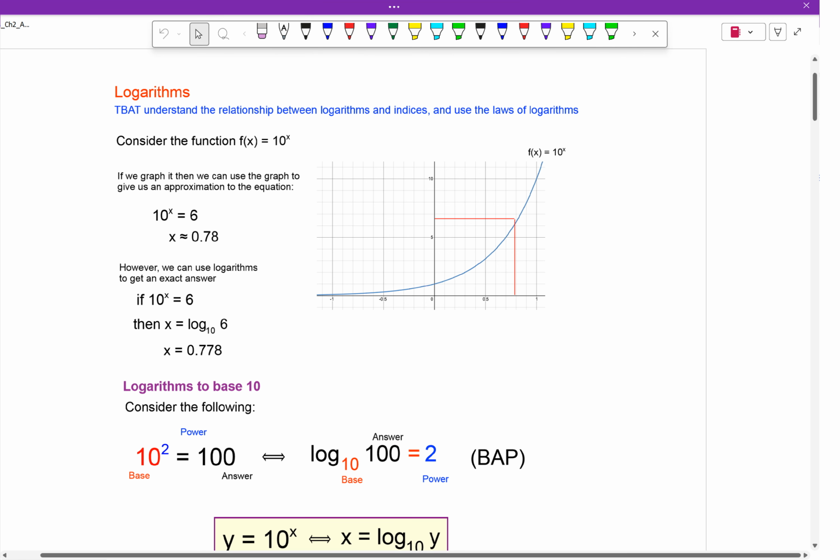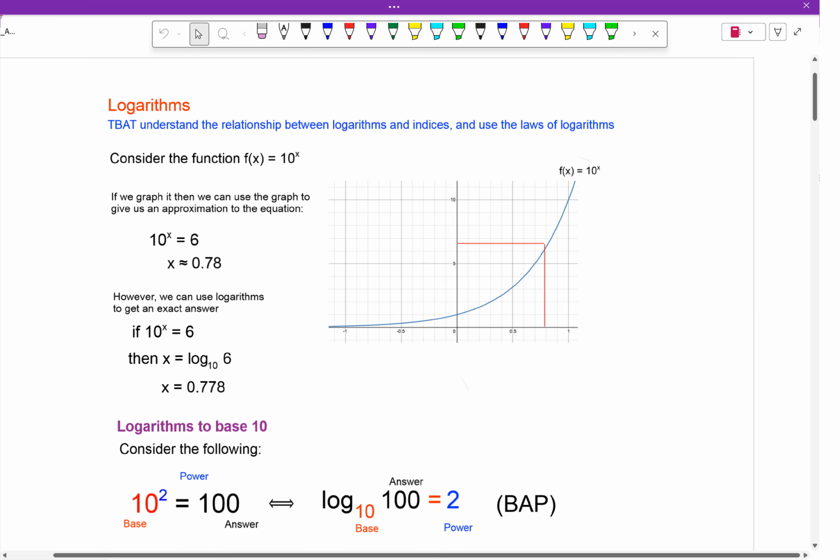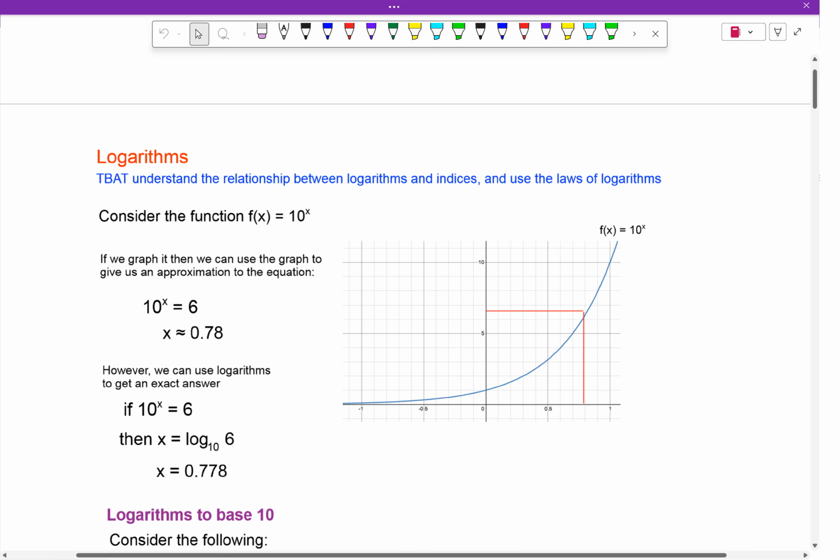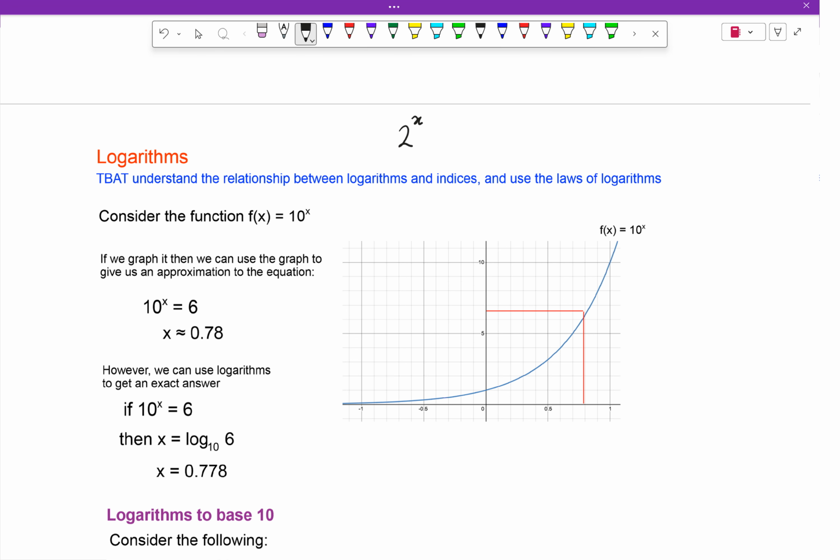Okay, so welcome to our logarithm. Now, in terms of logarithm, what even is logarithm? For example, let's say 2 to the power of x. That's our function.